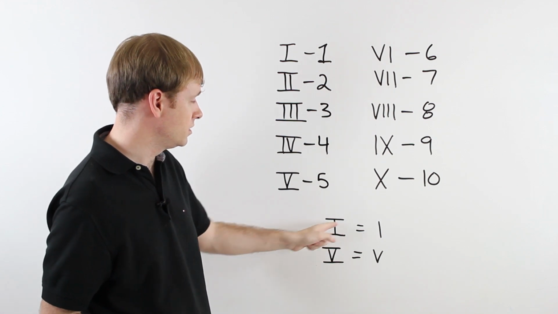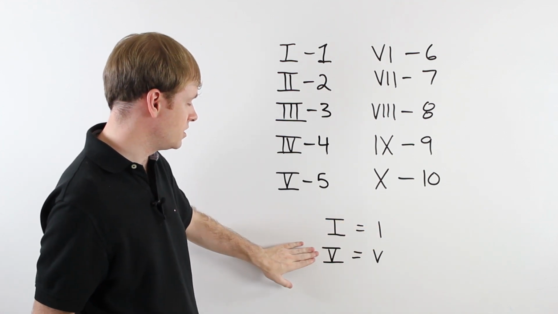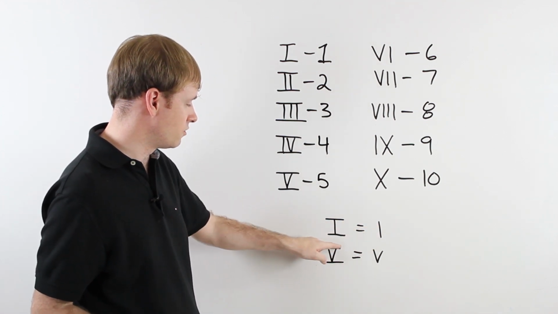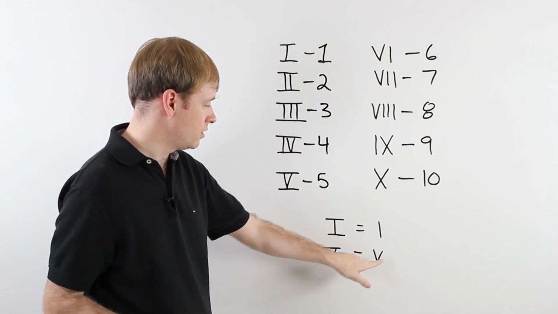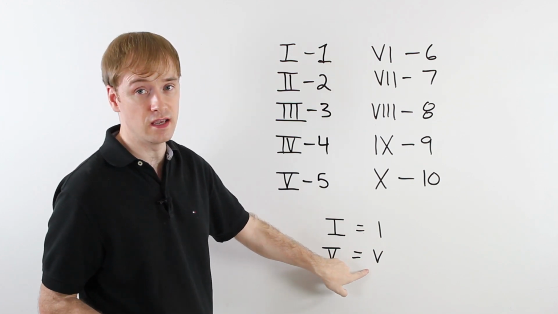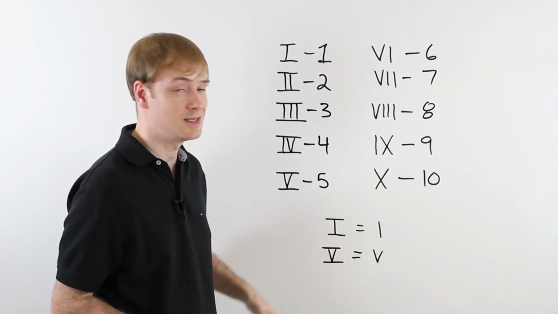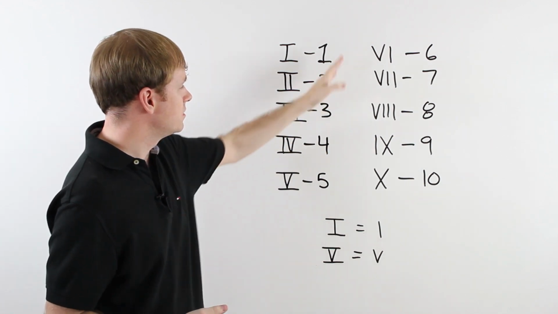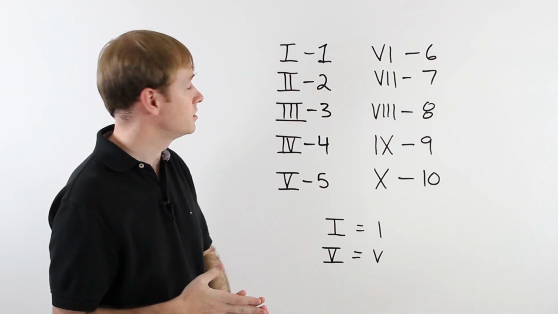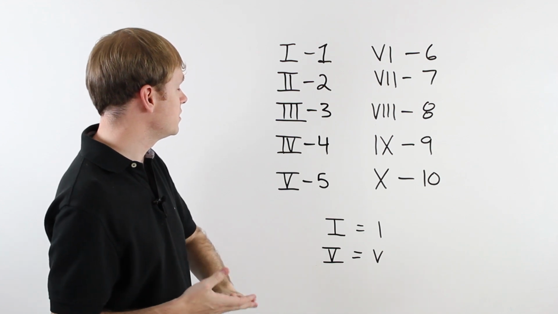So this is 1, and this is 1. You can see that again with 5. You can write it with the lines at the top and the V, or no lines, just V. Again, they mean the same thing. On this side, I wrote the lines. On this side, I didn't write the lines. It doesn't matter.